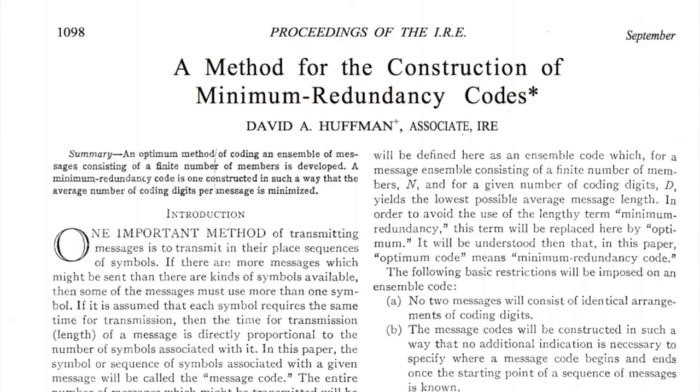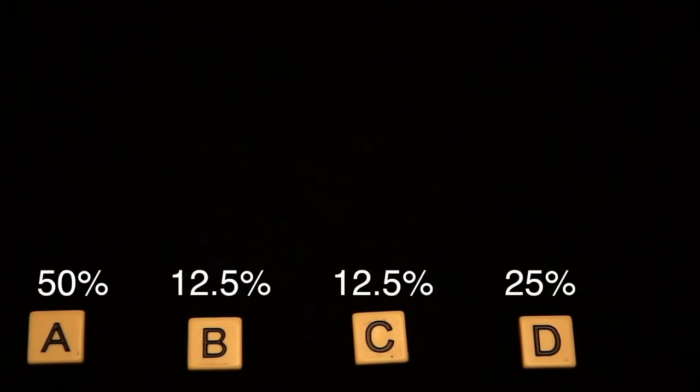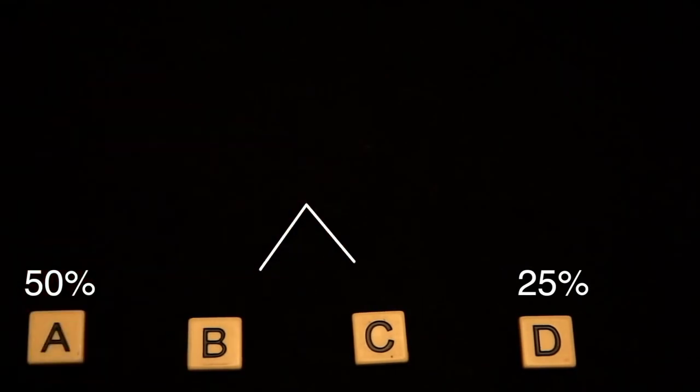David Huffman famously provided the optimal strategy, which he published in 1952, and based on building a binary tree from the bottom up. To begin, we can list all symbols at the bottom, which we can call nodes. And then we find the two least probable nodes, in this case B and C, and merge them into one and add the probabilities together.